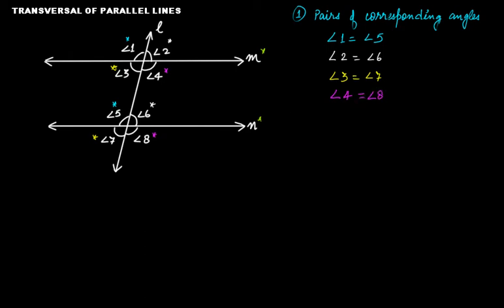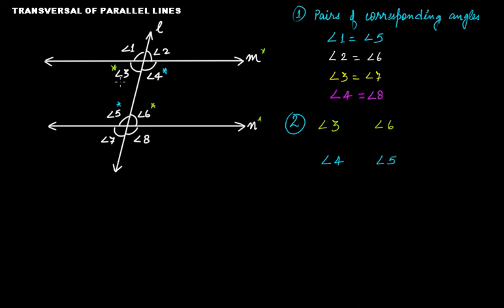Second property is that alternate interior angles, let me first remove this. Alternate interior angles, that is angle 3 and angle 6, and angle 4 and angle 5.